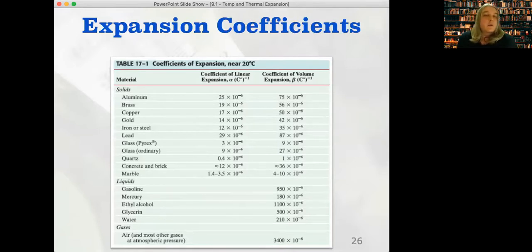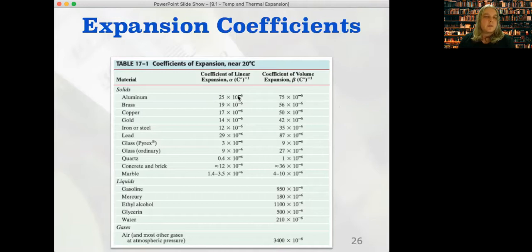That means that for an object placed inside it to eventually hit the inside top of the ring, it must expand faster. It must expand more with every degree Kelvin, every degree Celsius step, than the steel does. And so that simply means that its alpha must be bigger than steel's.